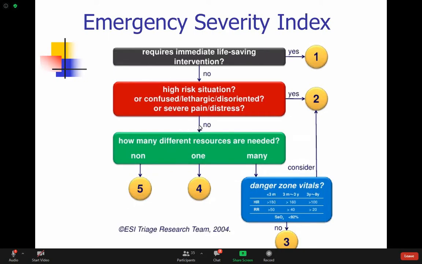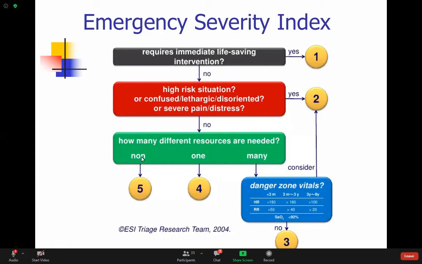If it's no, then you're going to ask how many different resources are needed. What does that mean? Does this patient need a CT scan? Does he need blood labs, or an X-ray?